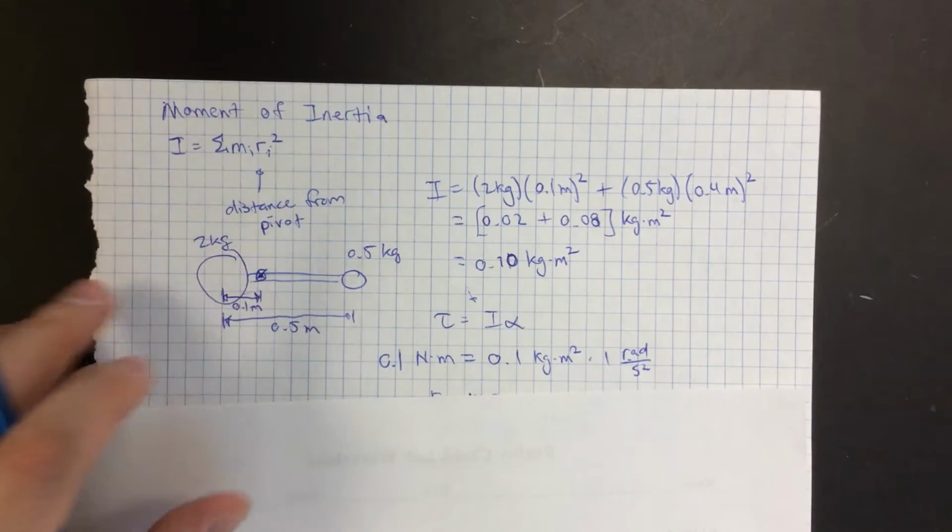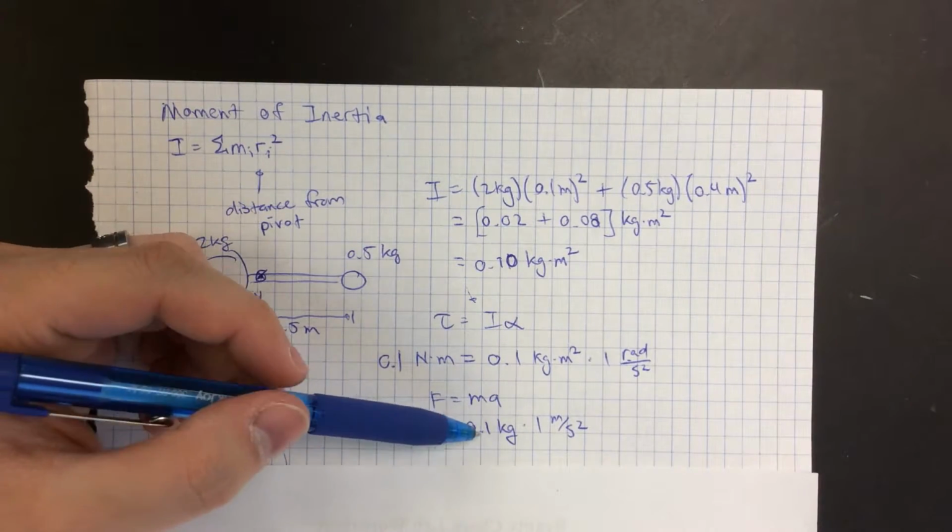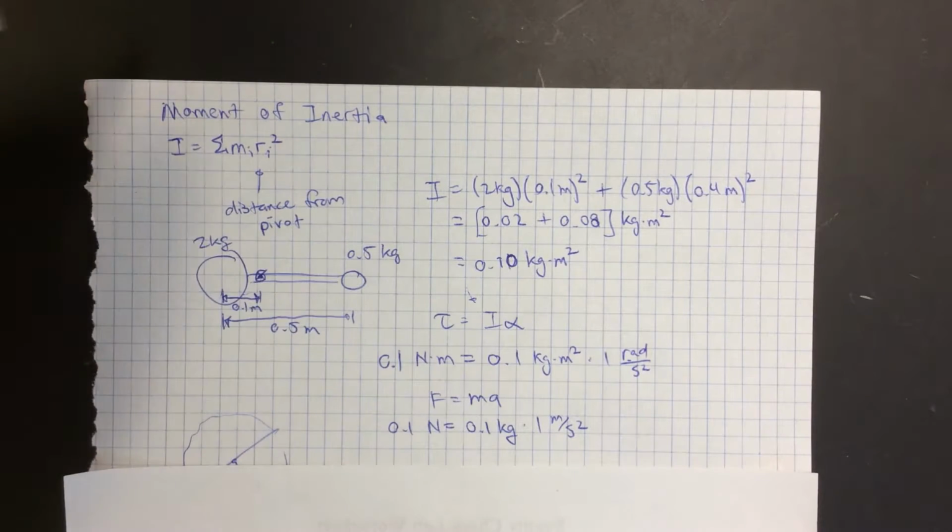The same way, if you had 0.1 newtons, it would accelerate 0.1 kilograms 1 meter per second squared. It's the same kind of visual of how you think about pushing or pulling something, speeding it up. How does mass play into that? Apply it the exact same way for spinning, for turning. How easy is it to spin something?